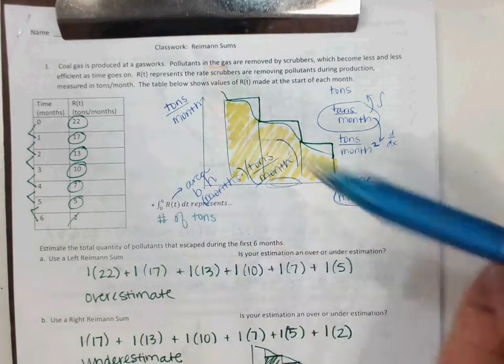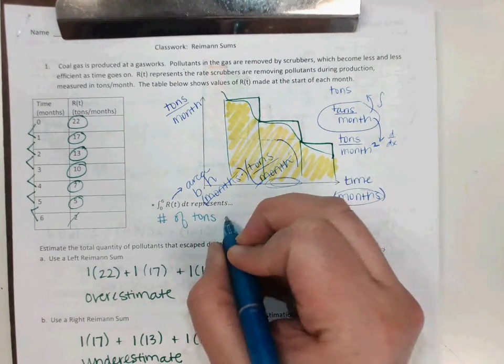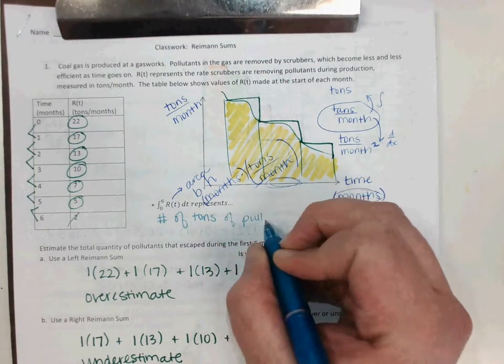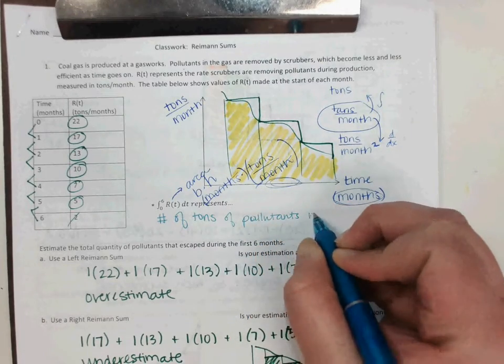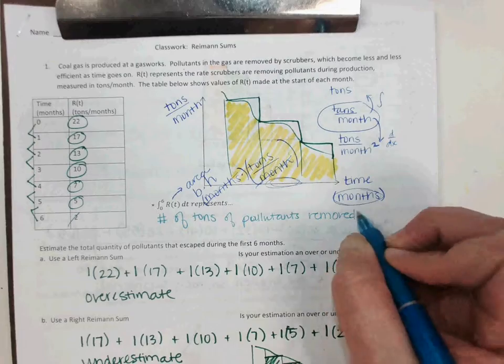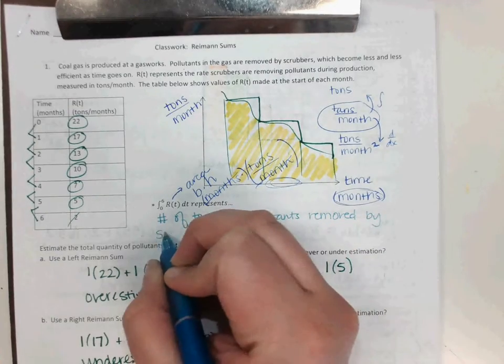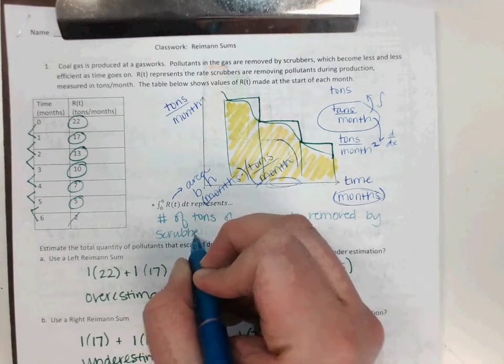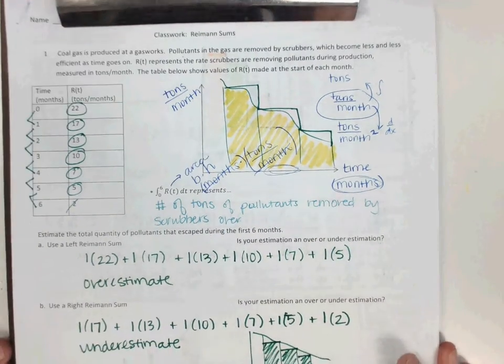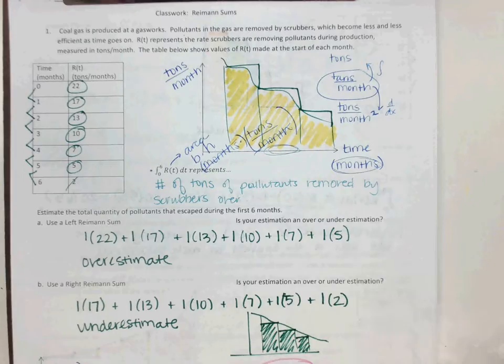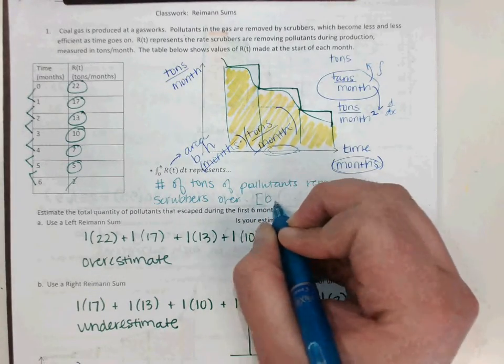So that means that I have the number of tons of pollutants removed by the scrubbers, and then over what interval of time? Look at your endpoints. Okay, over 0 to 6 months.